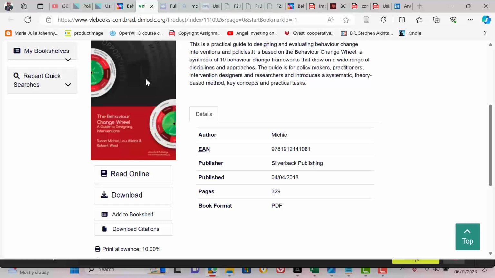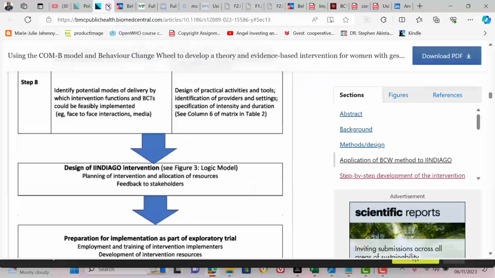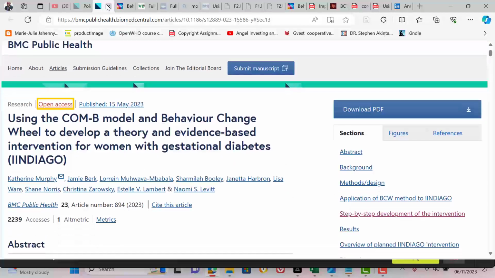Okay, so this book is at the core of today's presentation, and then there are a couple of articles that I will be referring to. First article is by Catherine Murphy et al., Using the COMBI model and behavior change ways to develop a theory and evidence-based intervention for women with GDM, that is gestational diabetes. I used some of the materials here just to show you how to fit in the whole picture.